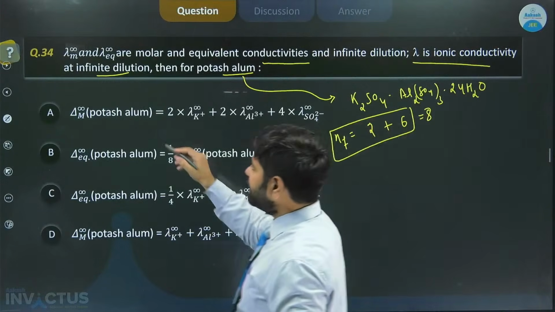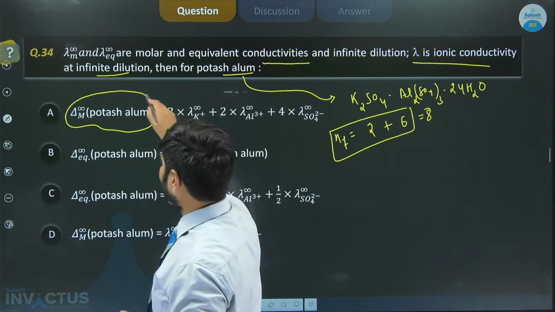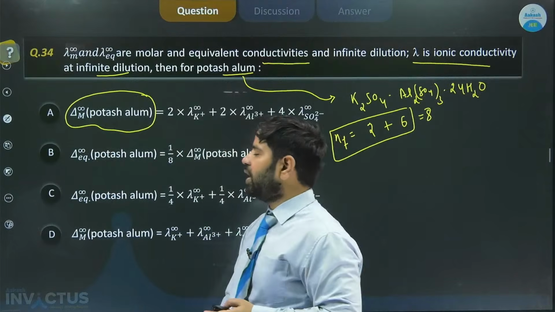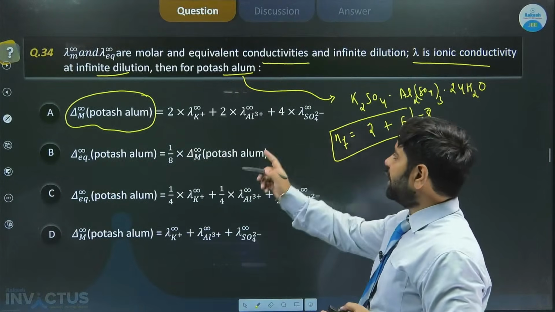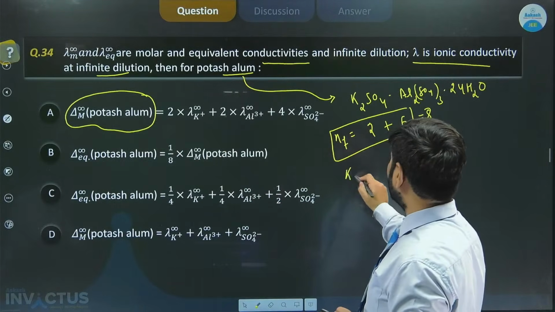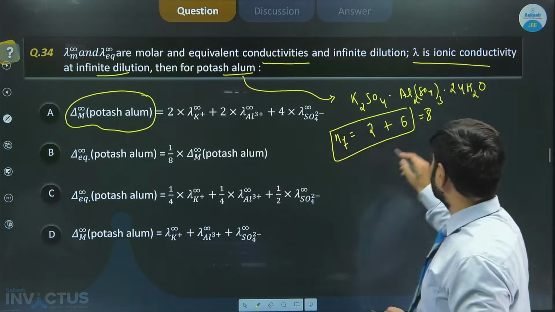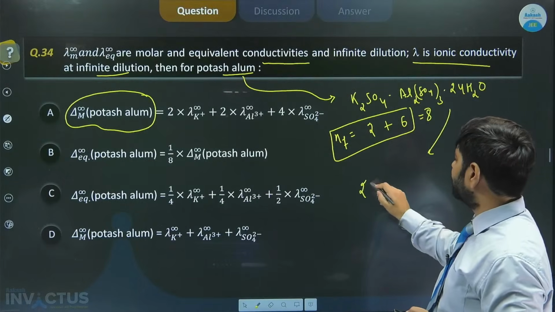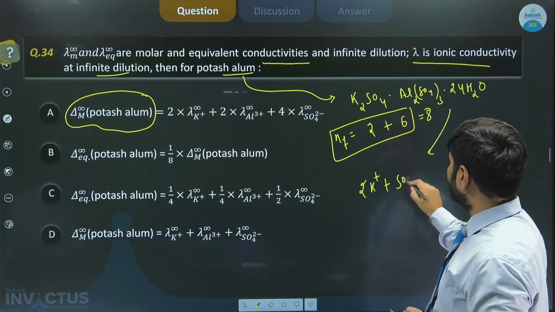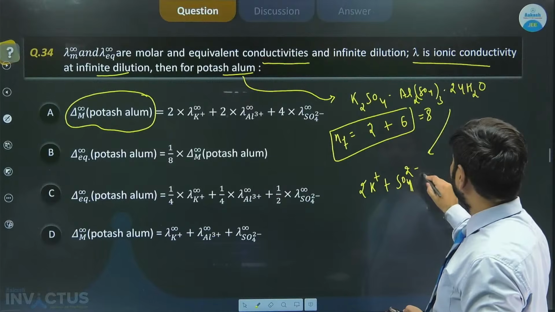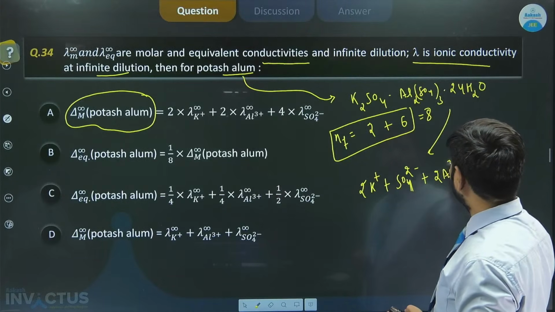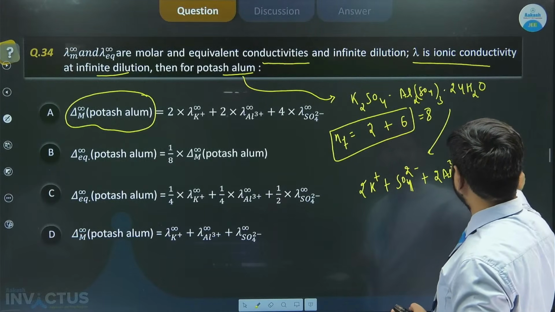How can we write the lambda m infinity of potash alum, that is the molar conductivity at infinite dilution? If you ionize the potash alum, it will ionize like this: 2K plus, SO4 2 minus, plus 2Al 3 plus, 3 SO4 2 minus.